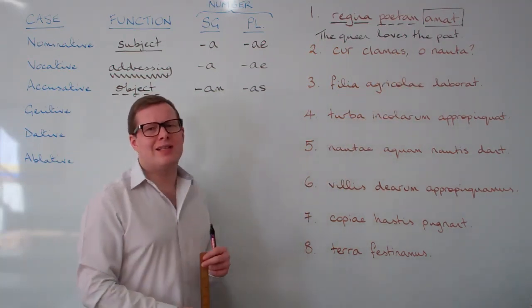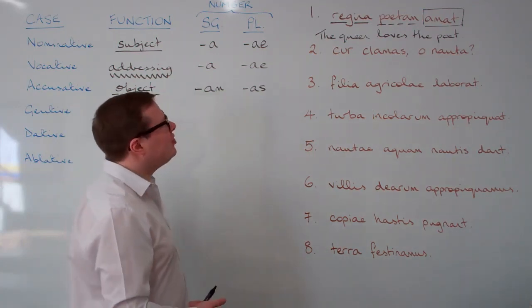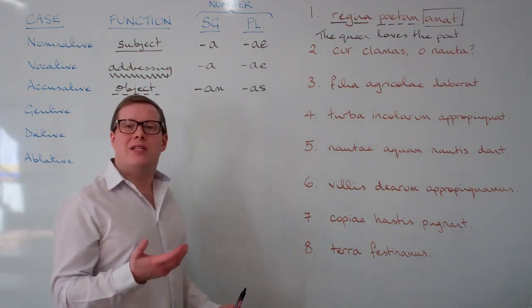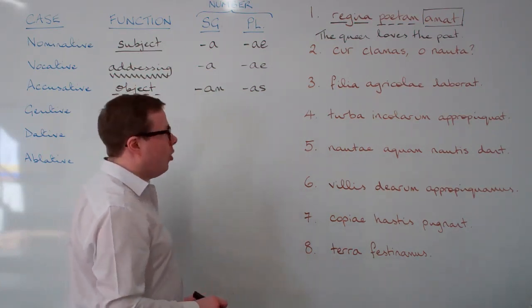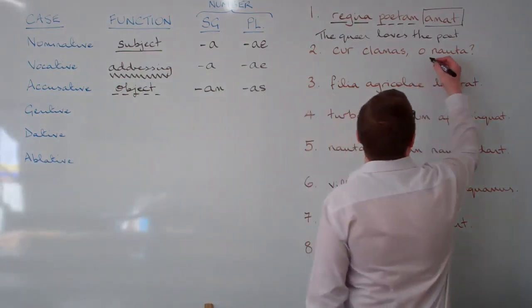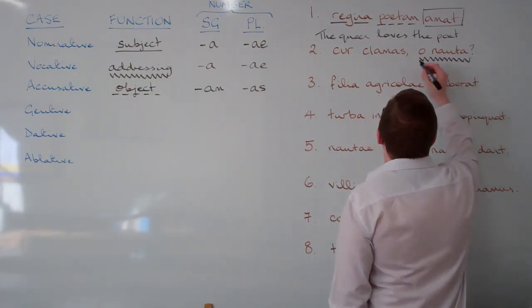Now, we don't tend to translate the O because O sailor sounds a bit ridiculous in English, but we just use it as a little signpost, a marker, if you like, that we're dealing with the vocative and not with the nominative.